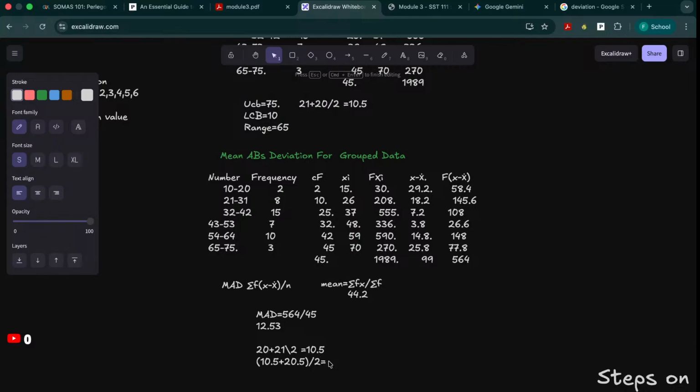This is how we are supposed to search for the midpoint. So this is 15. If we repeat this, you should get the same number.